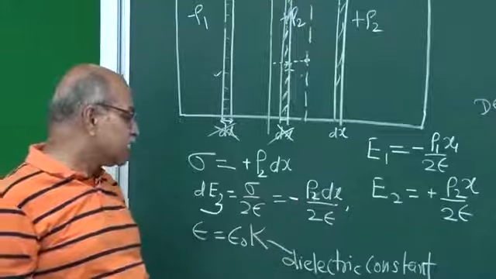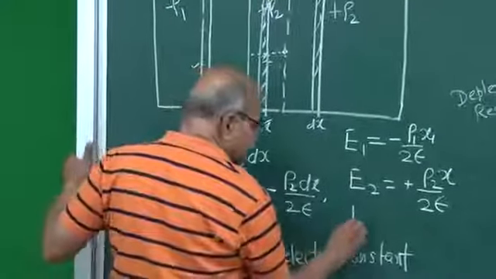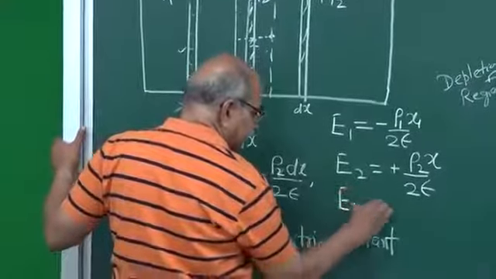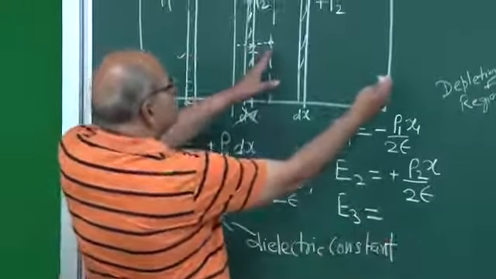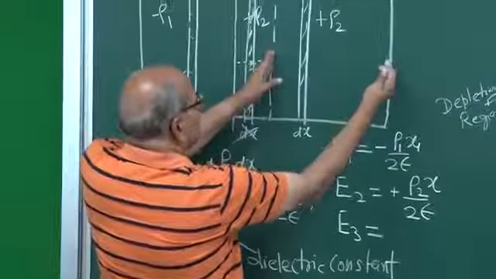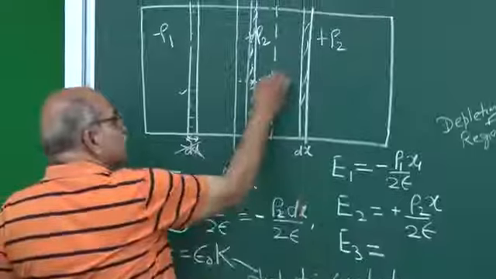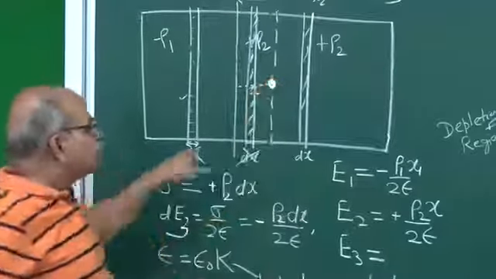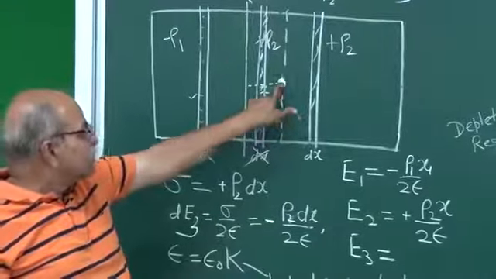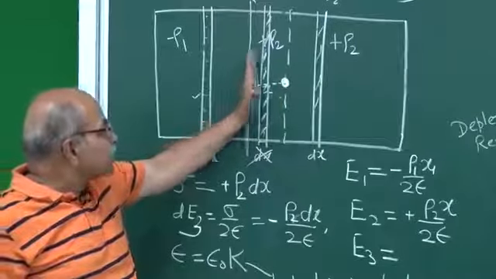And when you integrate this and write E3, that is the field due to this whole part to the right of the point chosen. Always remember, I am trying to find the electric field at this point, which is at a distance x from this junction.